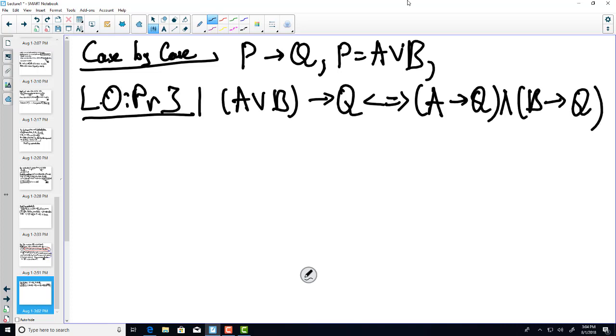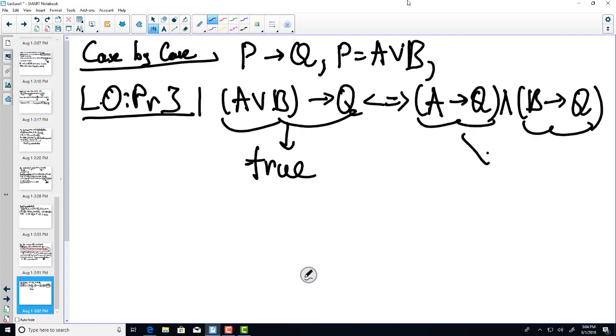So basically when we do case by case, to prove this thing, we are going to separate the problem into two subproblems and prove that both are true. Let's do an example of this.